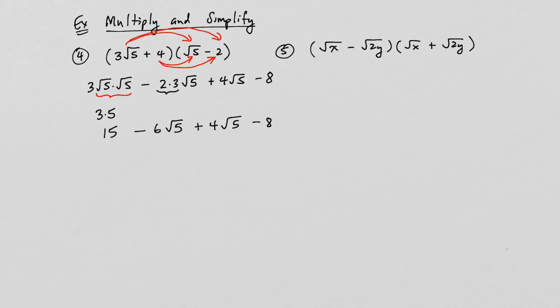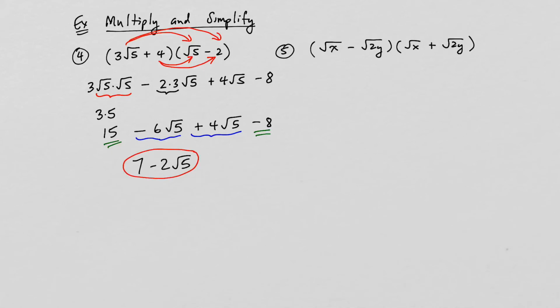Now we can combine. 15 minus 8 is 7, and negative 6 radical 5 added to 4 radical 5 is negative 2 radical 5.